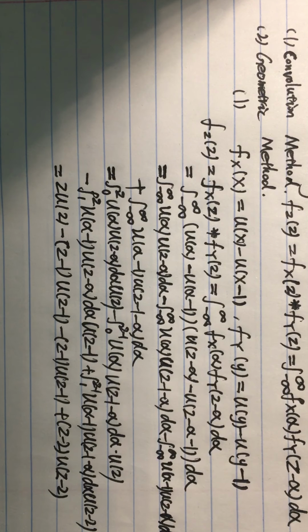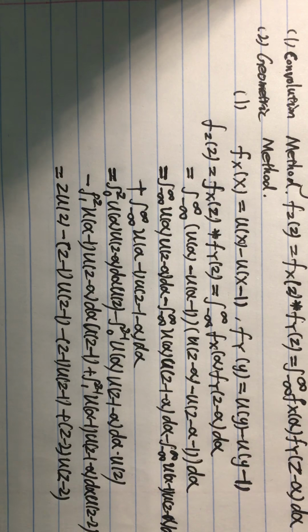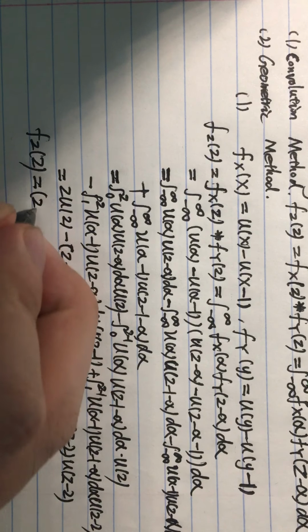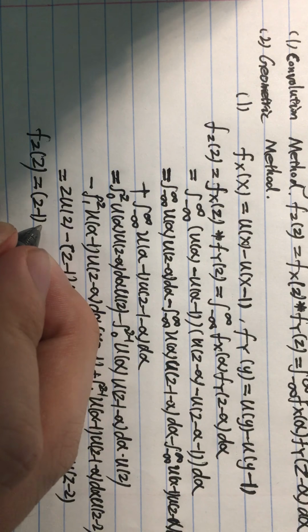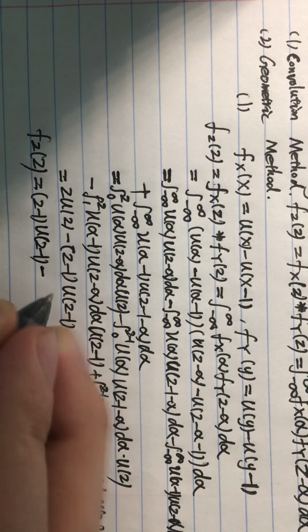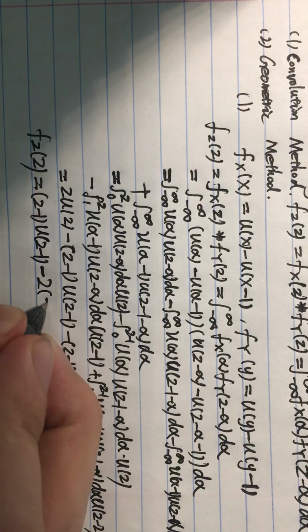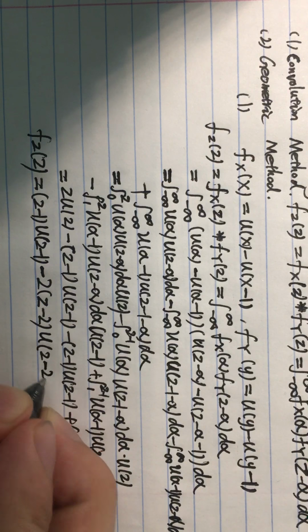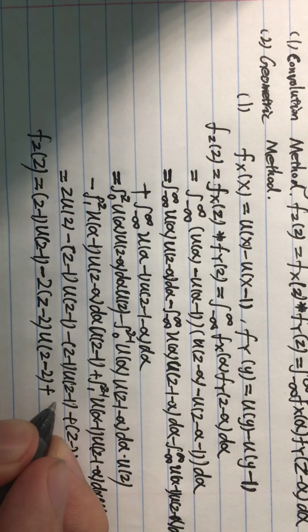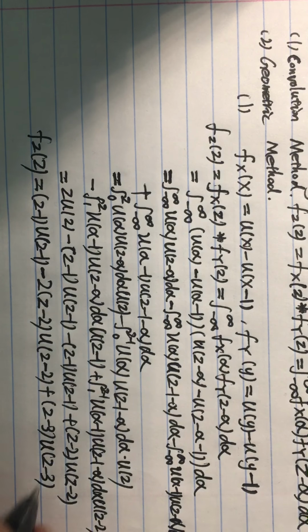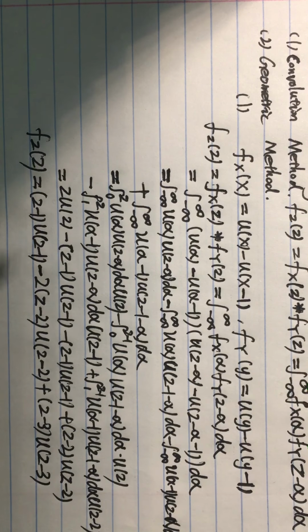So the final result is the true density function of z equals (z minus 1) times step function (z minus 1) minus 2 times (z minus 2) times step function (z minus 2) plus (z minus 3) times step function (z minus 3). So it's the final result of the density function of z.